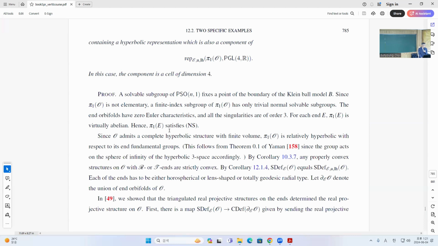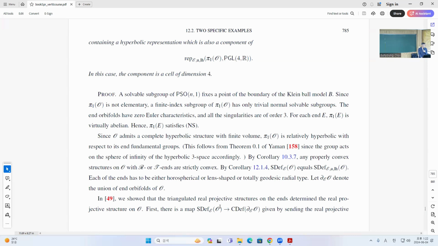So it satisfies NS, and then pi 1 is relatively hyperbolic with respect to these fundamental groups. Because it satisfies a complete hyperbolic structure, it follows easily from there, and then this S-step equals this S-step ULH.